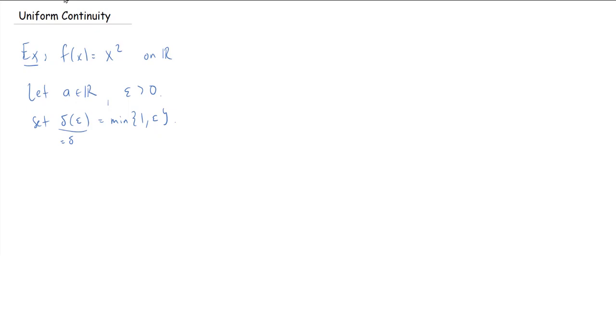If I have some point x which is within delta of a, then x and a will be within 1 of each other. Because either delta is equal to 1, in which case it's just brutally true, or delta is equal to epsilon, because epsilon was smaller than 1, in which case this difference is less than epsilon, which is less than 1. So this is fine.